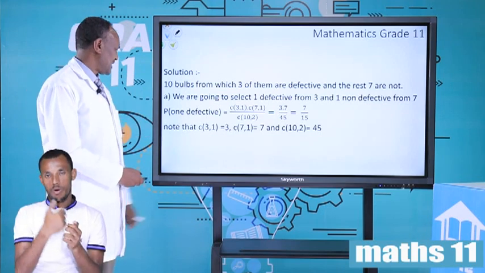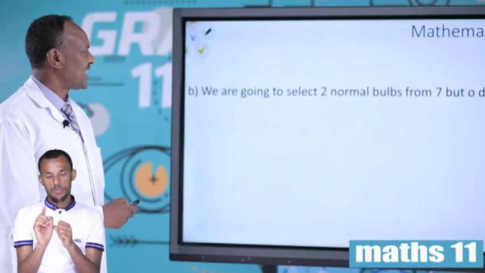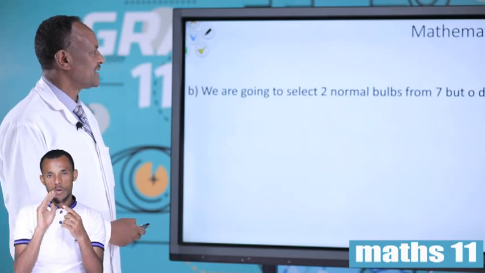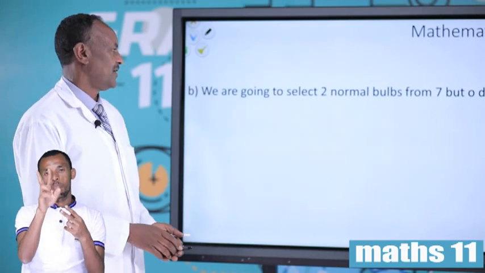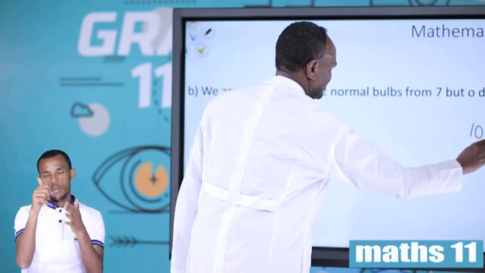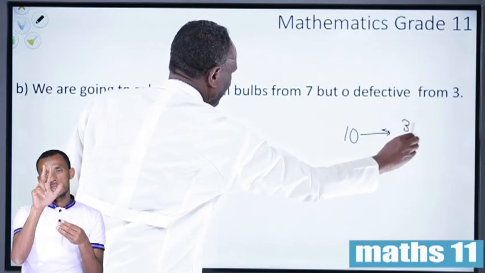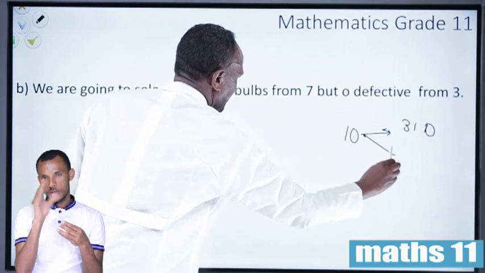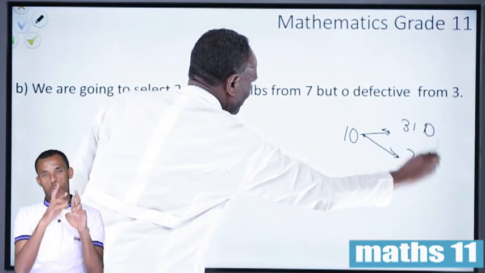You have already calculated that. When you are coming to B, we are going to select 2 normal bulbs. We said that there are 10 bulbs given, 3 of them are defective and the rest 7 of them are normal.